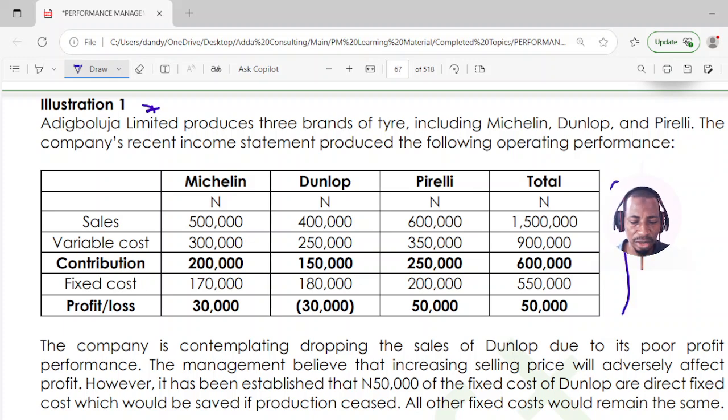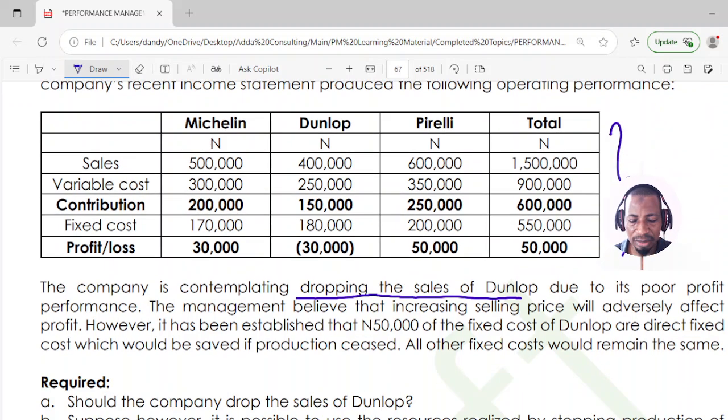The company is contemplating dropping the sales of Dunlop. Something should call my mind. The examiner has told me that the company is contemplating dropping the sale of Dunlop due to its poor profit performance. The management believes that increasing selling price will adversely affect profits.